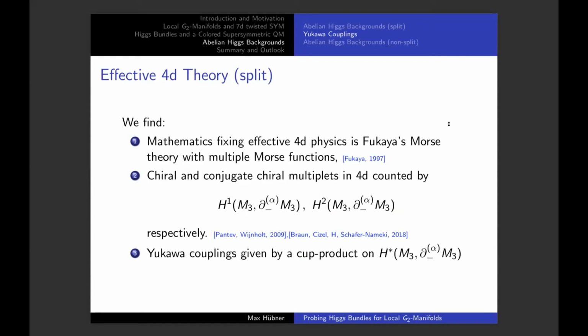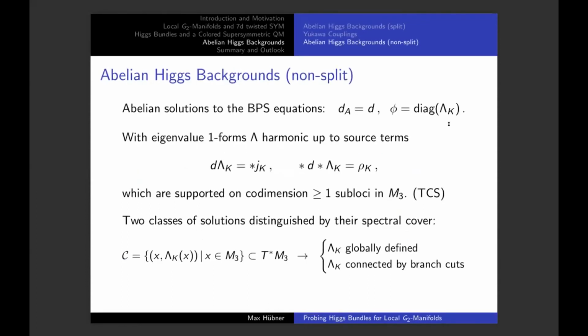Let's move on to a slightly more complicated setup. These are geometries characterized again by abelian solutions, but now with not fully factored spectral covers. The solutions to the BPS equations under consideration, again, have a trivial connection. And the Higgs field is now diagonal with one-form eigenvalues lambda_k, which are again harmonic up to source terms which we allow. These are now in codimension larger than one sub-loci.